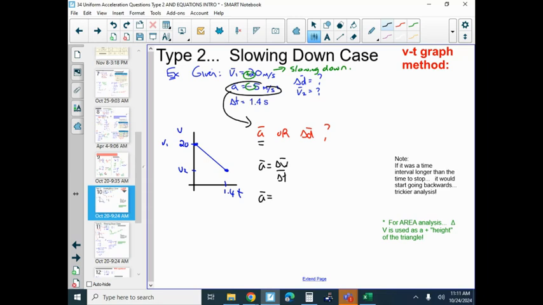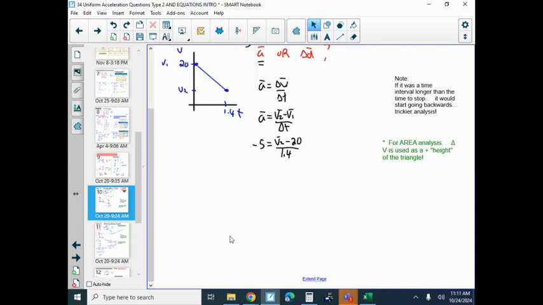So acceleration equals V2 minus V1 over time. We have our acceleration of -5, our V2 that we're wondering about, minus V1, which is 20, over time, which is 1.4. So we have some algebra to work out here. Let's do it.